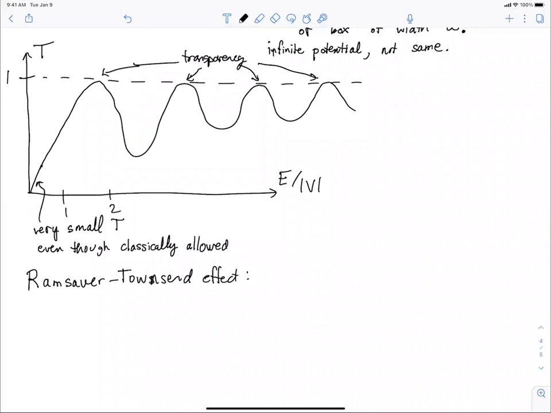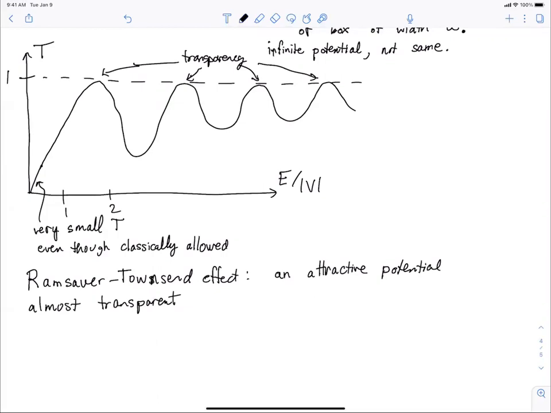The statement of this effect is that an attractive potential becomes almost transparent. The reason I say almost is because in nature you don't really run into perfect rectangular wells or anything like that.